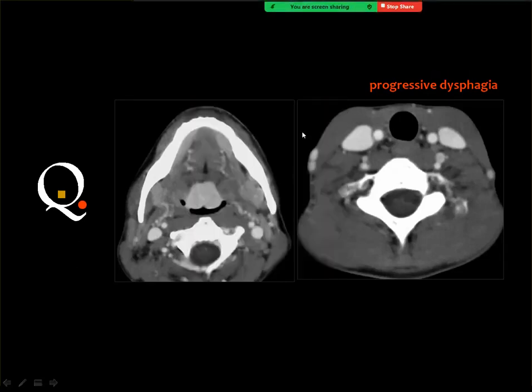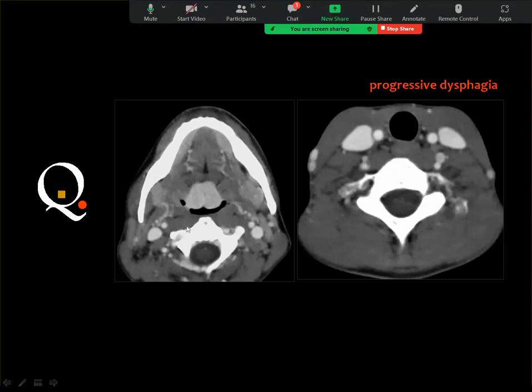Lingual thyroid or ectopic thyroid, right answer. You see the strongly enhancing mass at the floor of the mouth, corresponding to the posterior aspect of the tongue, and whenever you go to the level where you should see the thyroid gland, you do not see any thyroid tissue.